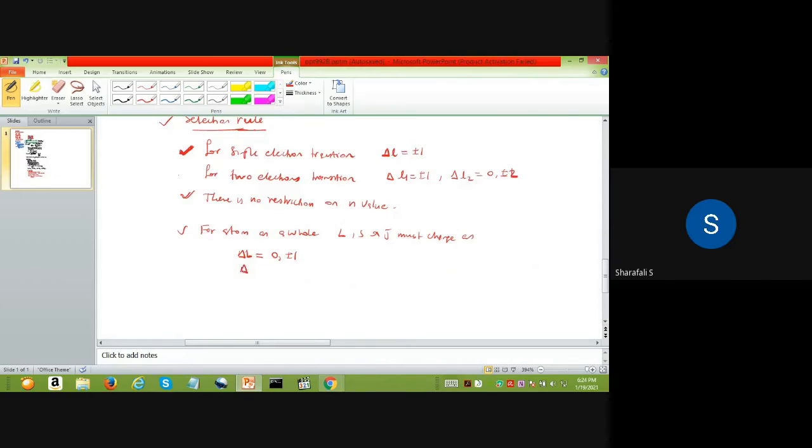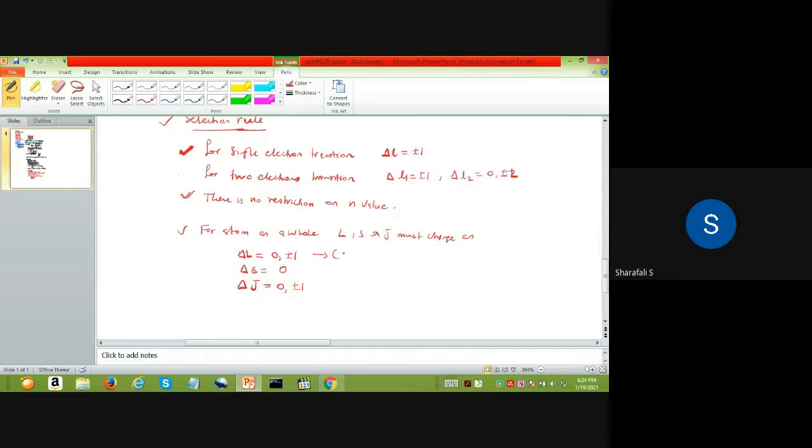And delta S equal to 0, and delta J equal to 0 plus or minus 1.